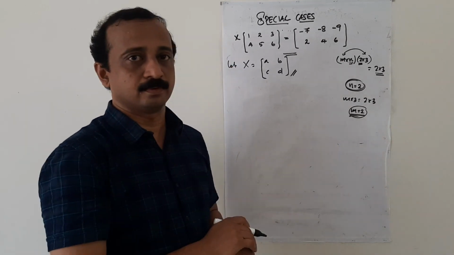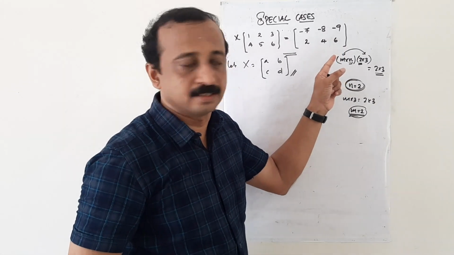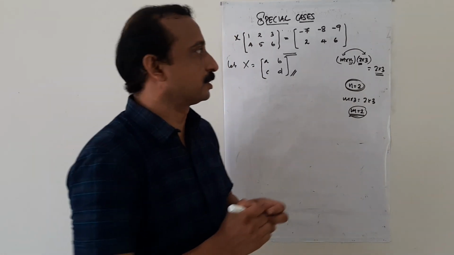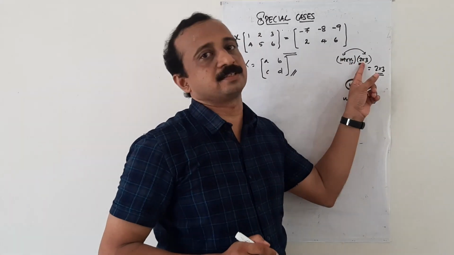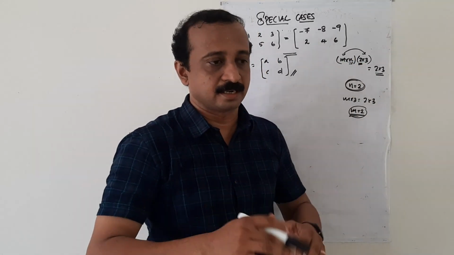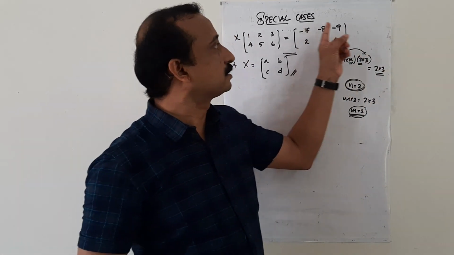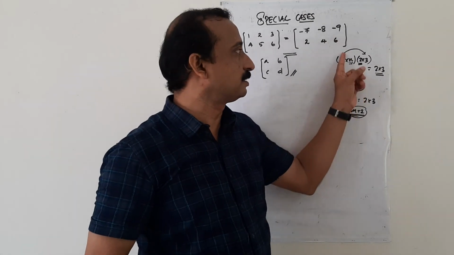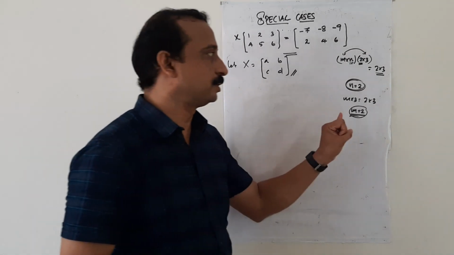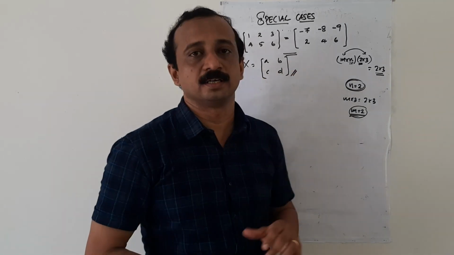And therefore the order of our supposed matrix X is M by N, that is 2 by 2.